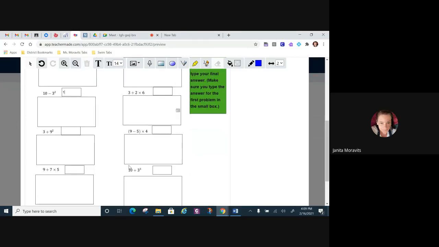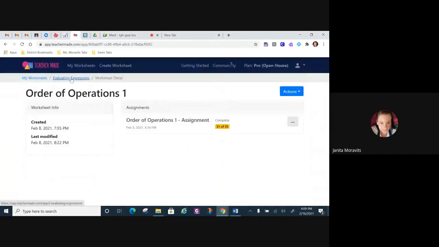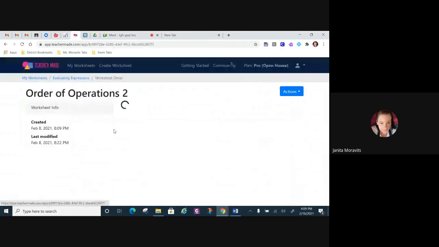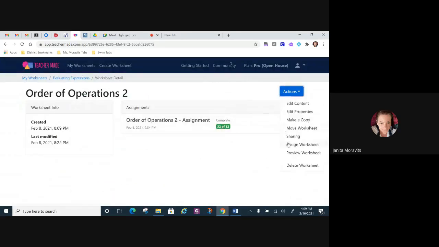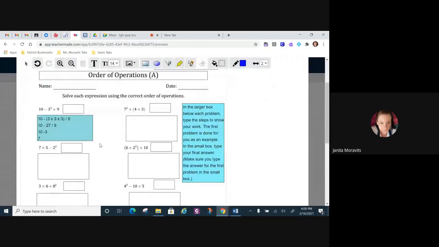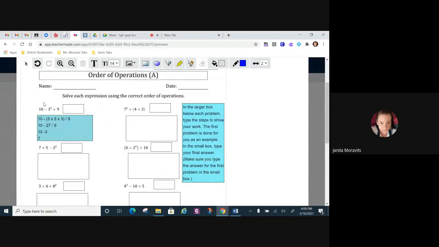All right, I'm going to go ahead and include order of operations 2 on this one because it is the same as what you just saw. You're just going to be working some more problems like that. Looking at the first one right here, there are no parentheses, but we did have an exponent right here.